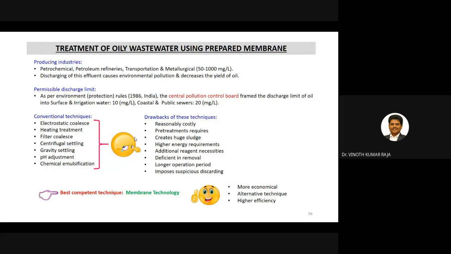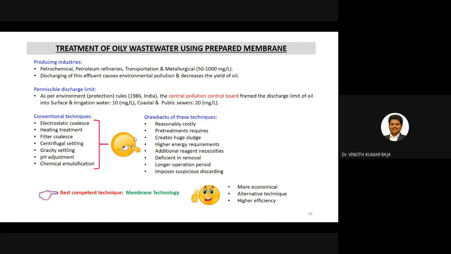So discharging of this effluent causes environmental pollution as well as decreases the yield of the oil. Therefore, the treatment of oily wastewater is compulsorily required before discharging in order to avoid environmental pollution as well as the decrement of yield of the oil.